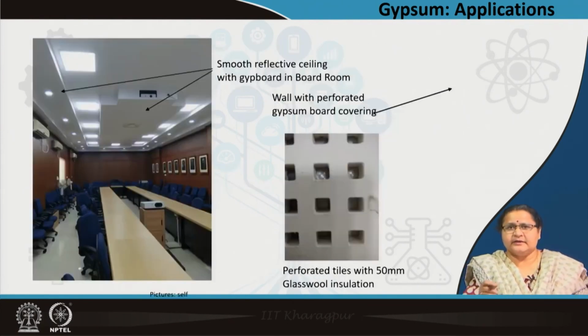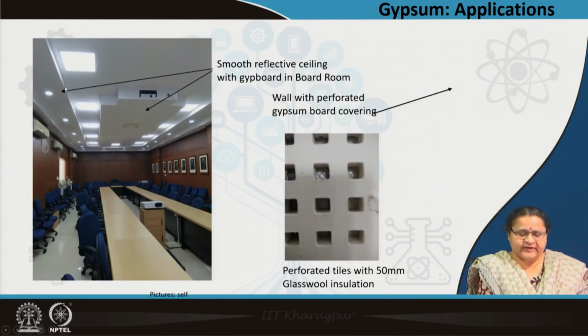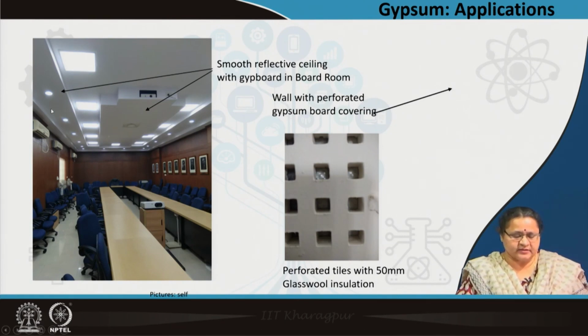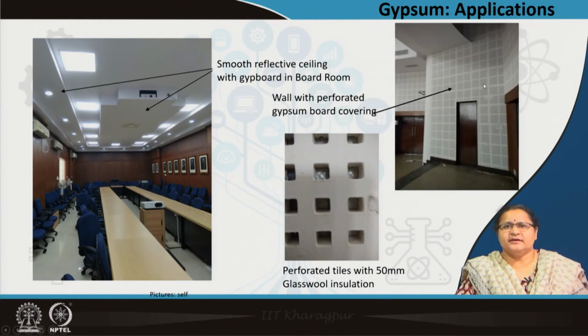We see other applications as sound insulator. We see that smooth reflective ceiling inside a boardroom, what you see here is because of gypsum. You see here the perforated gypsum board covering the thermal insulator. You can see a very closer picture here. You can see the insulation inside through these perforated boards.